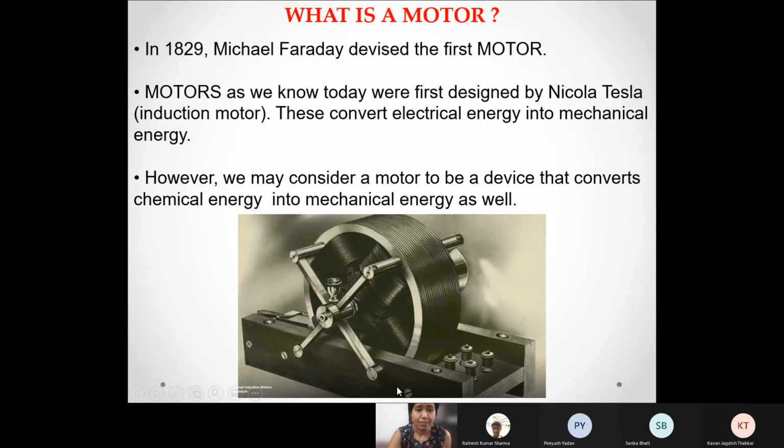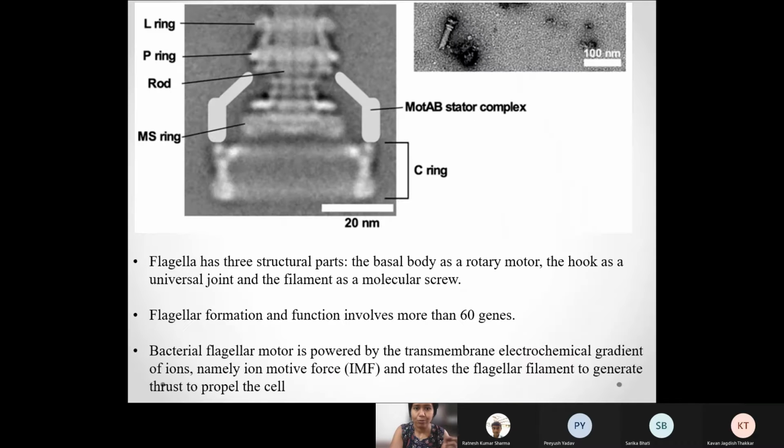So what Tesla's motor has is something called a rotor. This is a drum that rotates, and these are coils, called induction coils, and this entire region is called the stator. So you have a component of the motor that rotates and a component that is static. If you translate that now to the bacterial flagellum, you see that it has exactly that.